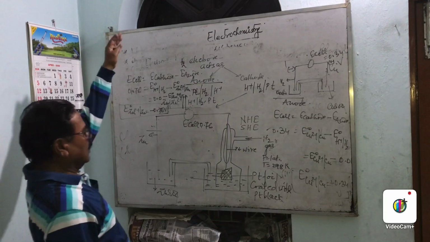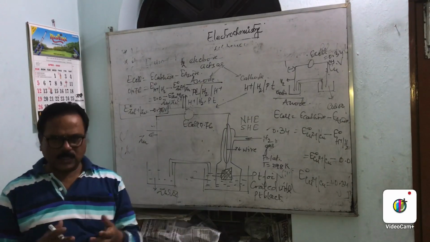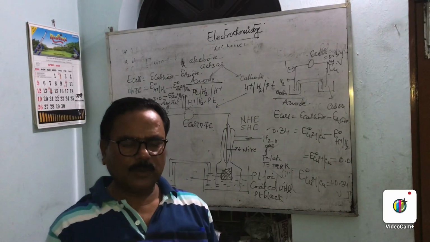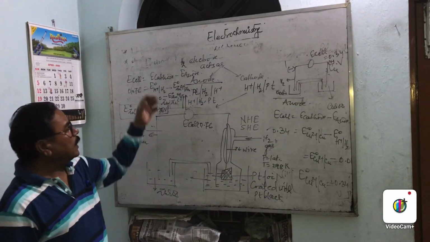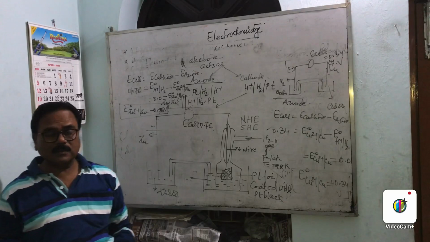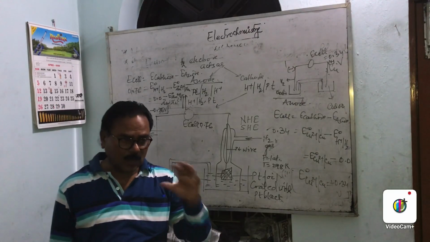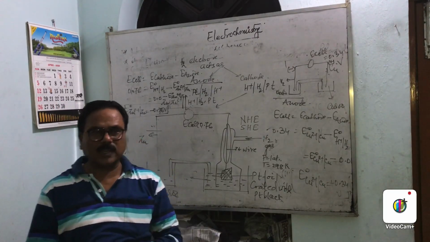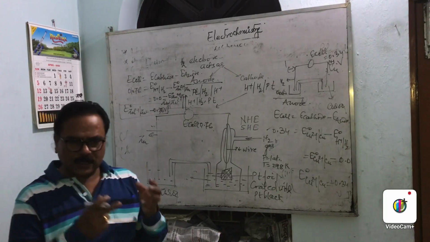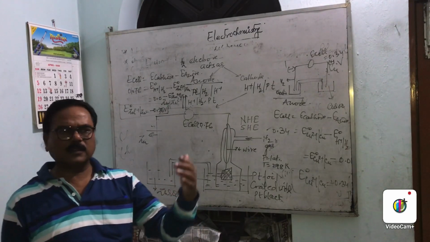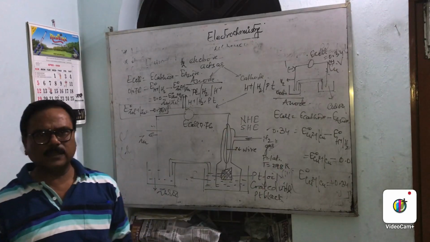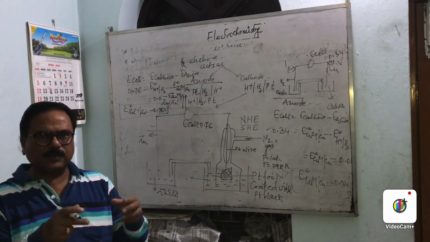So now to conclude, what we learned today. What is electrochemistry and what is an electrochemical cell, and how an electrochemical cell is constructed, and it is a redox reaction, and what are the functions of the electrochemical cell. It converts chemical to electrical energy, and we connect it via a salt bridge.